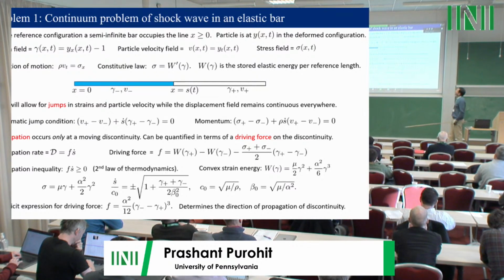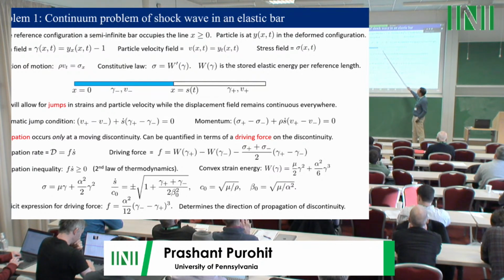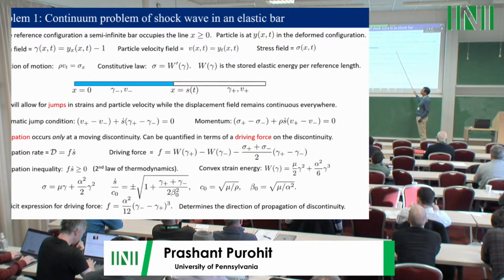Once again, we are interested in solutions in which there is possibly a discontinuity, a propagating discontinuity. The position of the discontinuity in the reference configuration is given by this variable S. Behind the discontinuity, we have some strain and particle velocities labeled by minus. Ahead of the discontinuity, we have strain and particle velocities labeled by plus. And then the standard Rankine-Hugoniot type jump conditions can be written down.